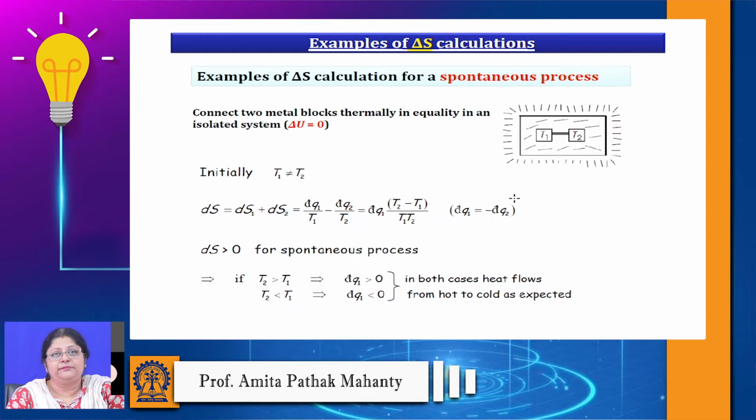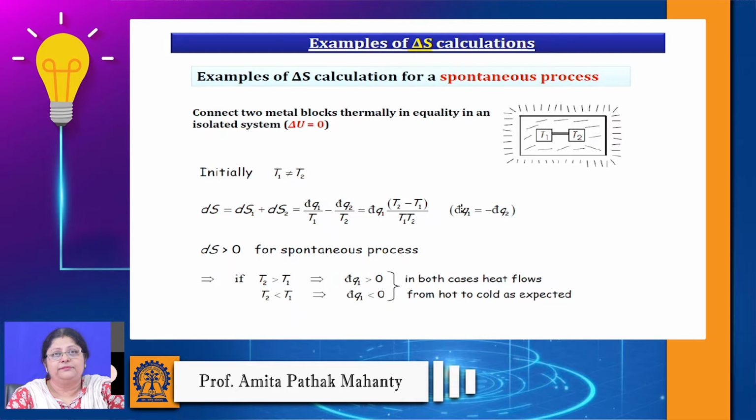To find the entropy change, I have to treat the process as reversible, though I know it is a direction of spontaneous flow of energy, so that I can calculate delta S. So delta S for the two boxes will be dq1 by T1 minus dq2 by T2. Let us assume that dq1 is equal to minus dq2.